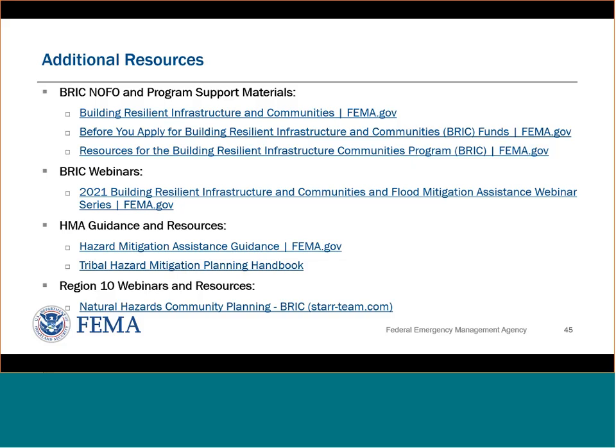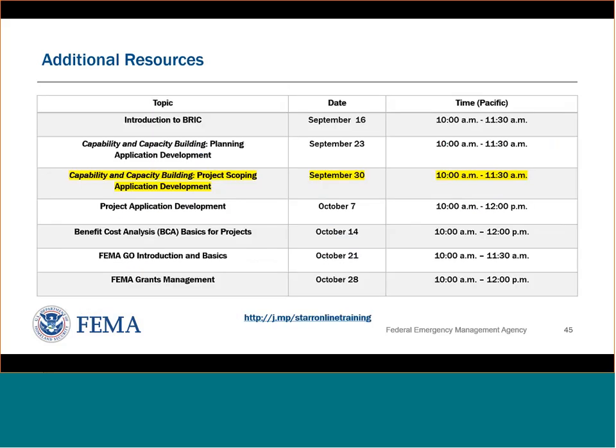And then you can see the Tribal Mitigation Planning Handbook, which we mentioned on the last screen. And here's our very last point: our Region 10 webinars. If you're here today, you probably know how to find it, but please feel free to share this with anyone you find who may be interested in attending. Today we were doing our capability and capacity building planning application development, but next week we have our project scoping application development.